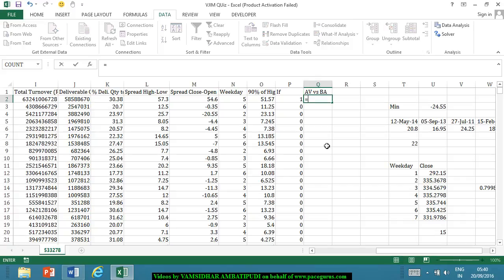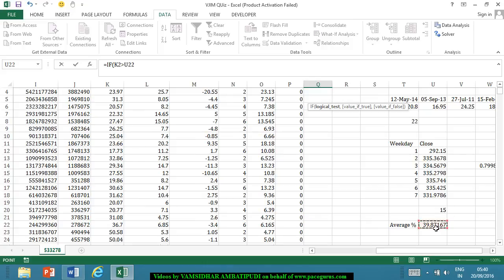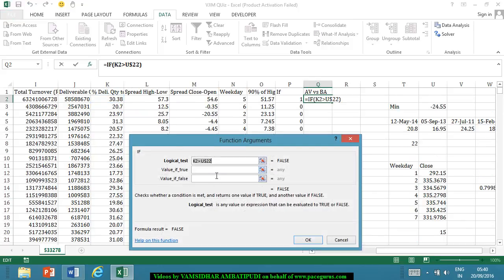So I will simply say if this value is greater than this particular value, I'll put a dollar sign, or I can type in 39.87, whatever it is. If this particular value is greater than this value, then I'll call it above average.